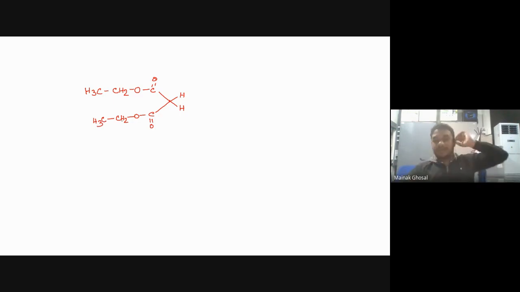So I am writing CH3 CH2 O, C double bond O, C H H, then C double bond O, O, CH2, CH3. So this is diethyl malonate.